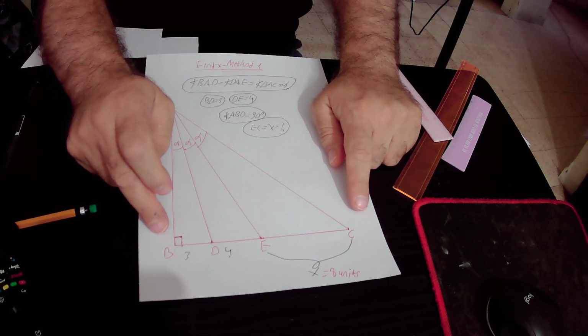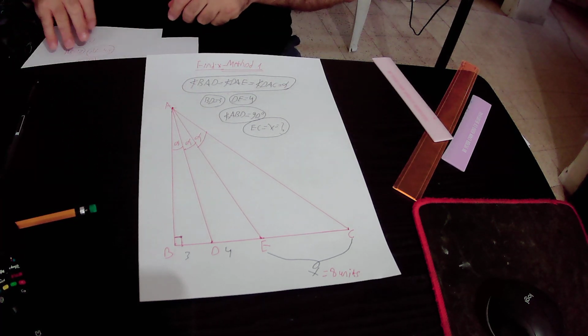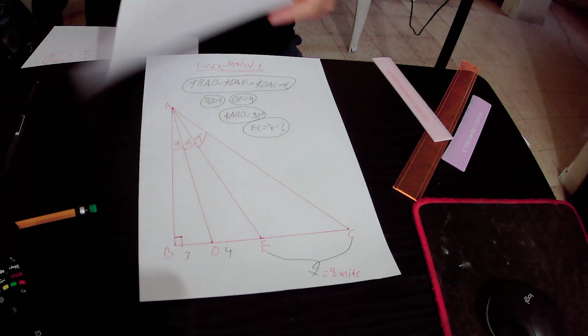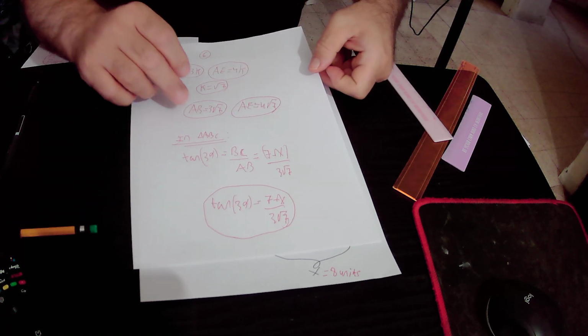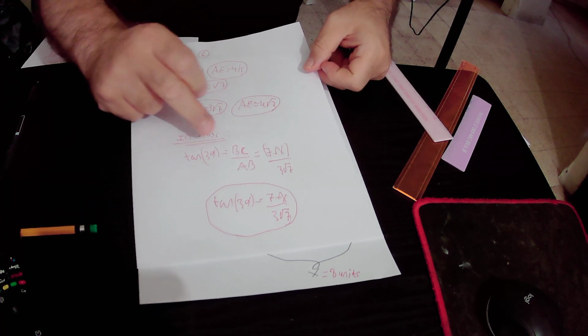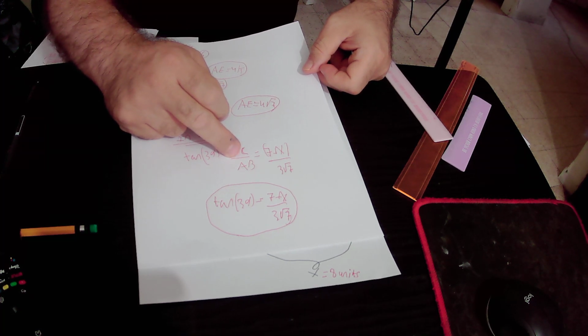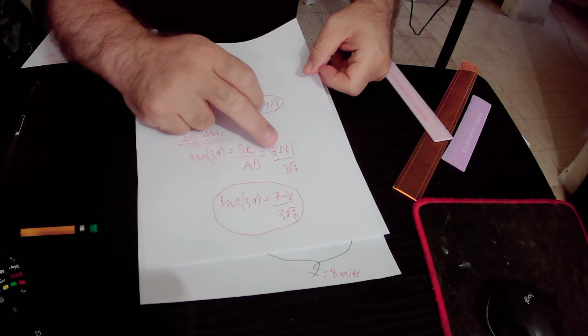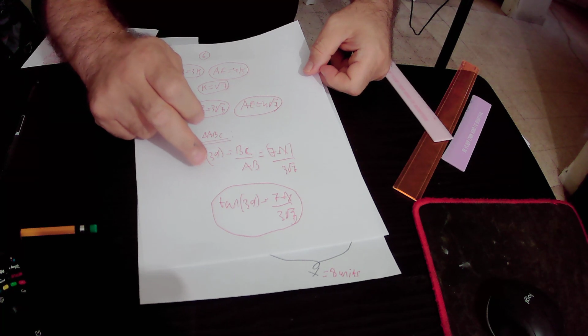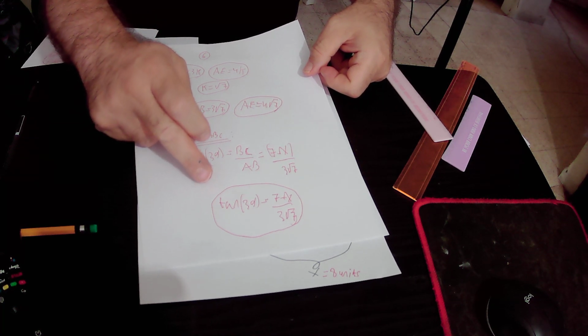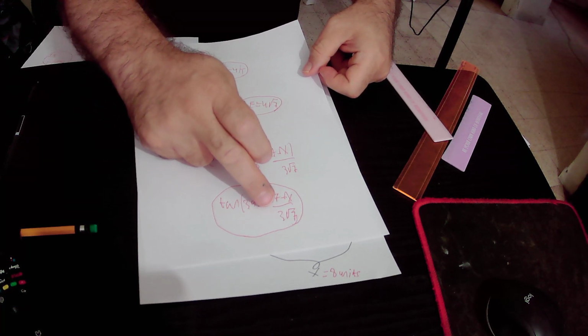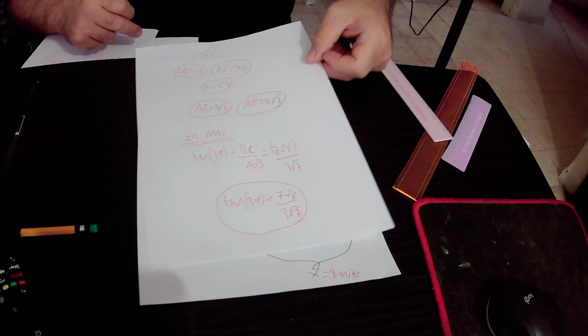That is to say BC equals 7 plus x, and we have already found out that AB equals 3 times root 7. In total, tangent 3 alpha equals 7 plus x over 3 times root 7.